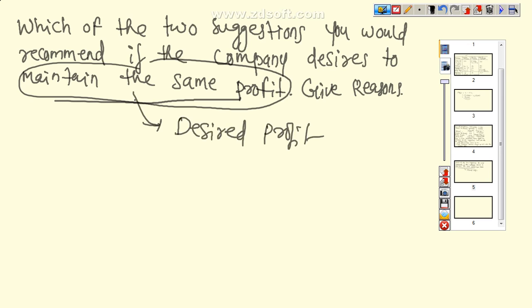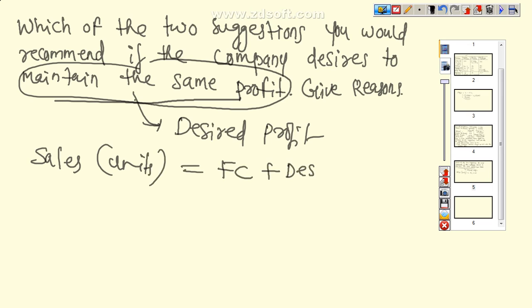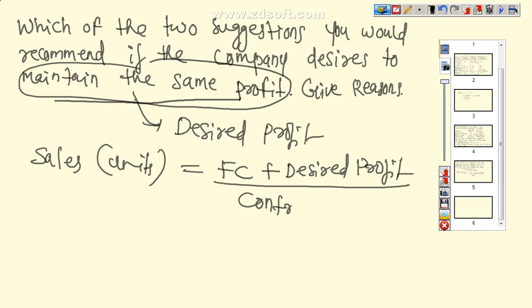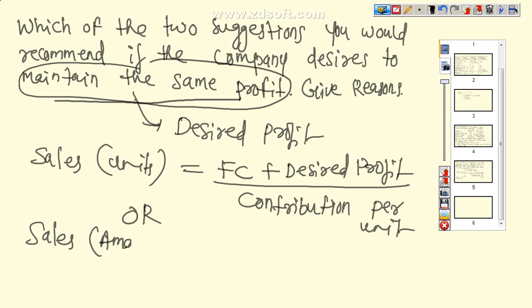So in order to maintain the same profit, we have to calculate the sale. So we calculate sales in units is equal to fixed cost plus desired profit upon contribution per unit. Or we can calculate the sales on the basis of amount also.